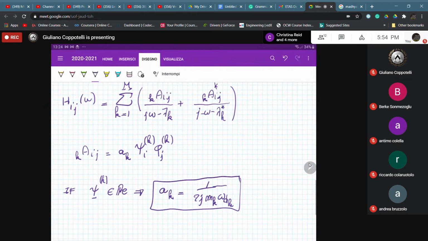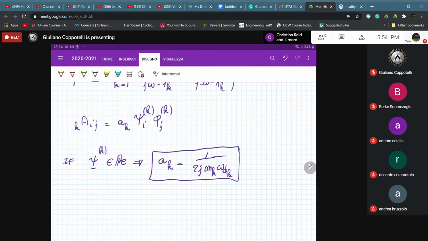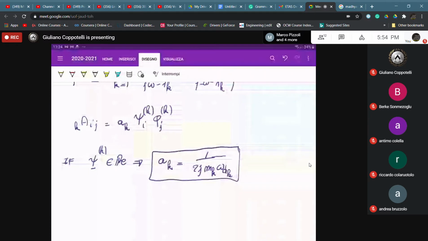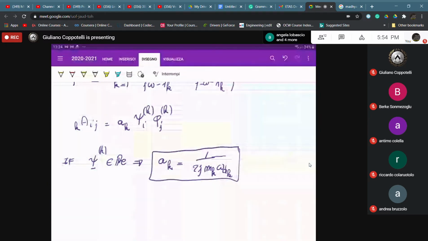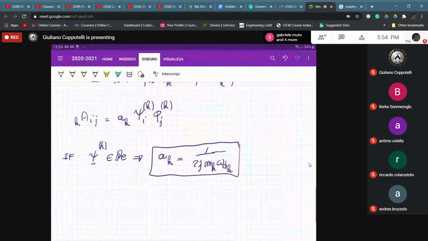Now, having said that, we can have a discussion on how to estimate your mode shapes from your experimental investigation, from your estimate by using whatever approach.